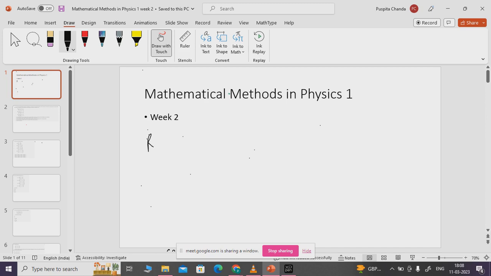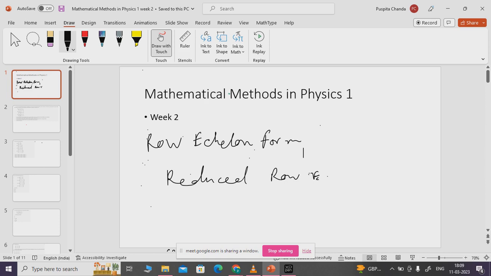One is row echelon form, another is reduced row echelon form.